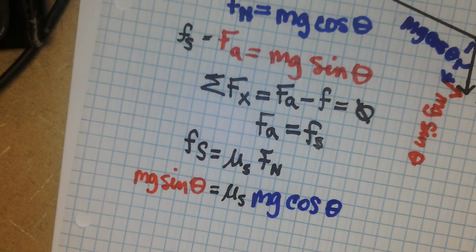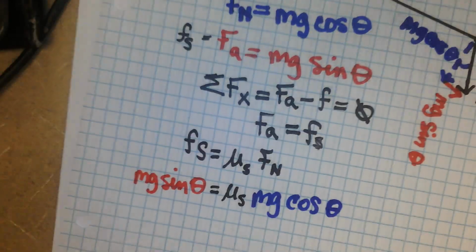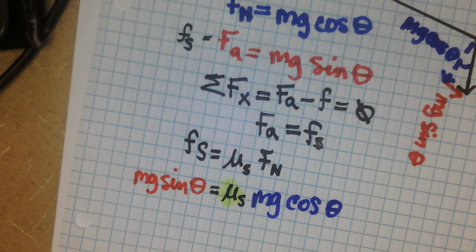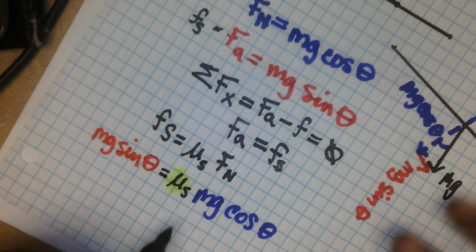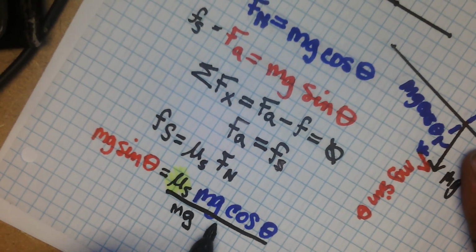Now, what we want to do is solve for this guy. That's the guy we want to solve for, mu s. So let's divide both sides by mg cosine theta.